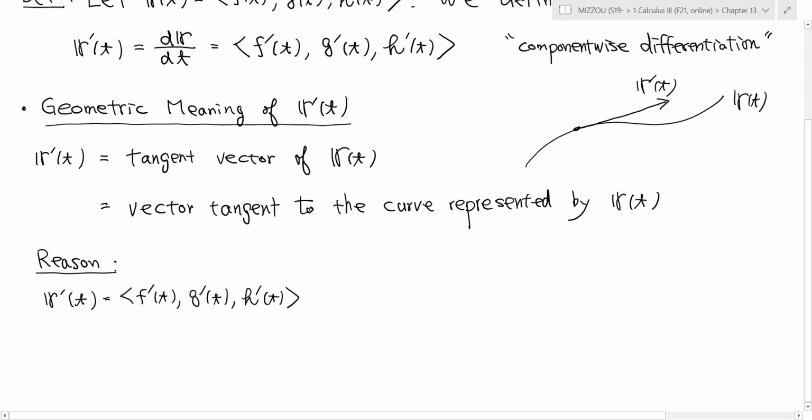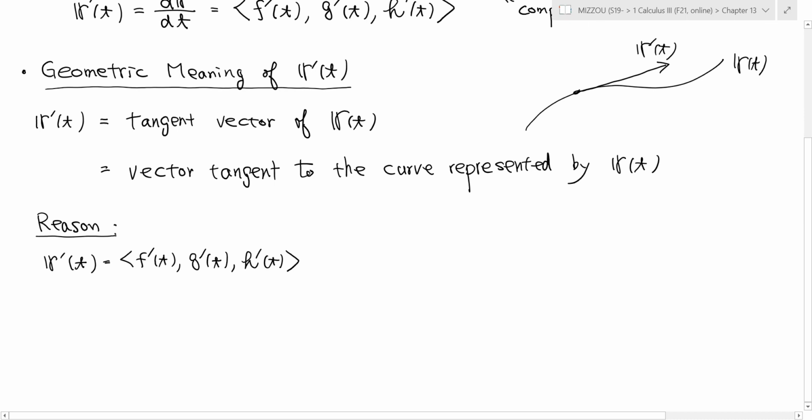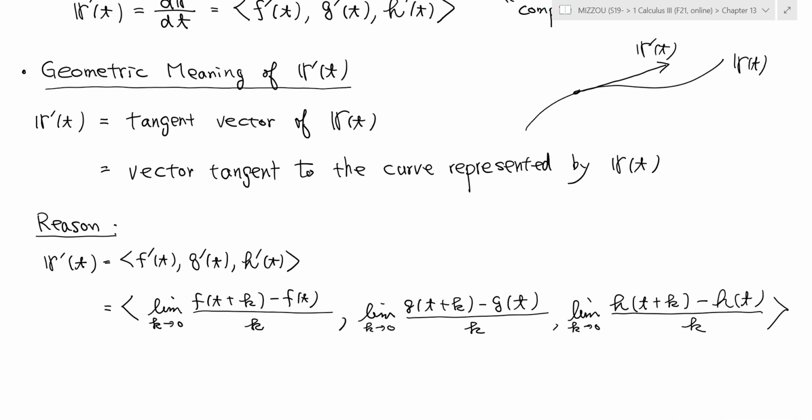And that is given by the limit as some small k goes to 0 of f of t plus k minus f of t divided by k, and then you have the same thing for the other two terms, like this.